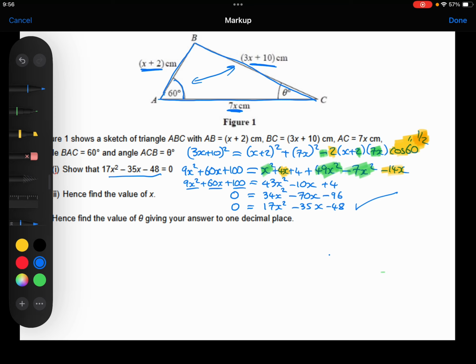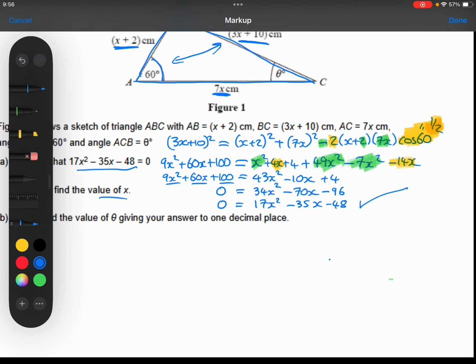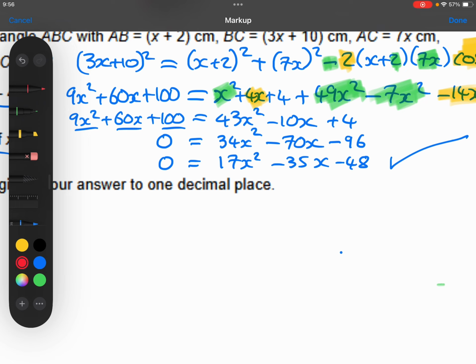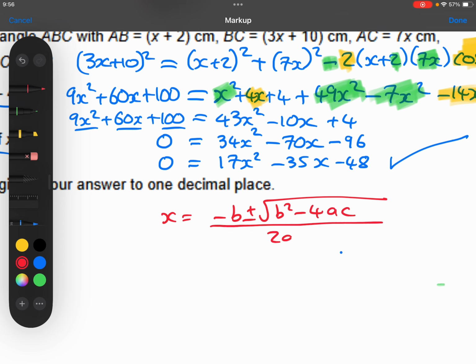Part II says, hence, find the value of x. So I just need to solve this equation. I'm going to solve this with the quadratic formula, because it looks a bit awkward to factorise. And obviously we're going to show our answers. We're not just going to use the solver on your calculator and lose out on method marks.